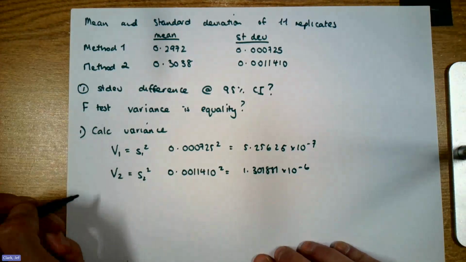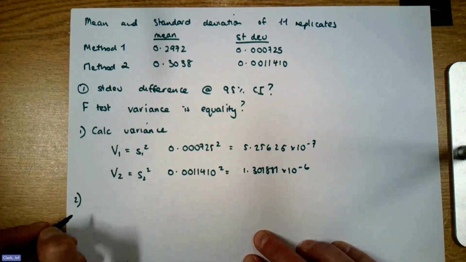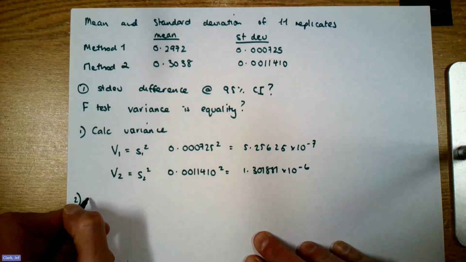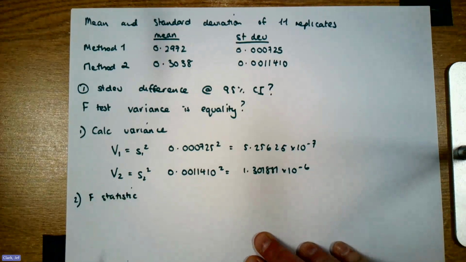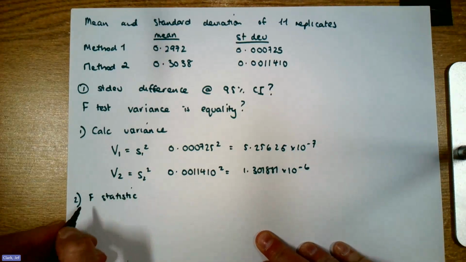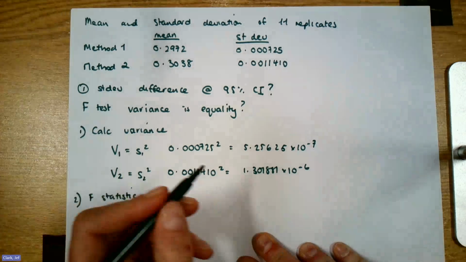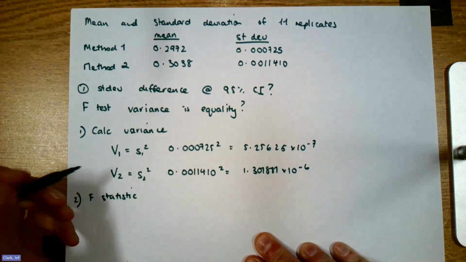So that gives us our variances. Next thing we need to do is determine our F statistic. And this is done by calculating the ratio between these two variances.